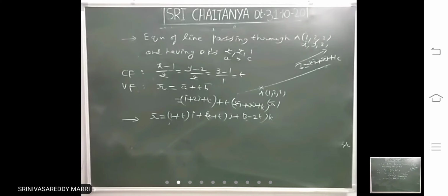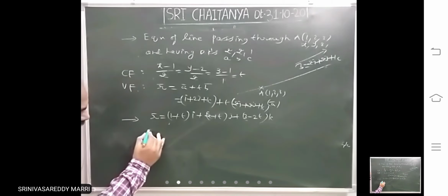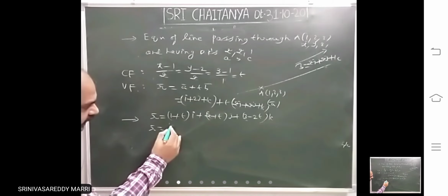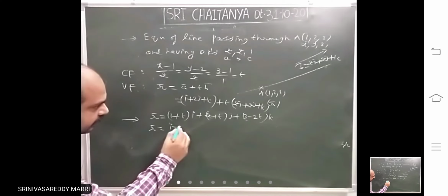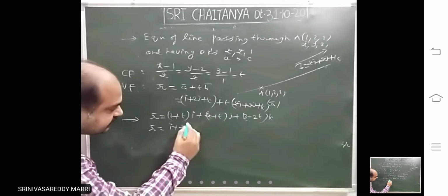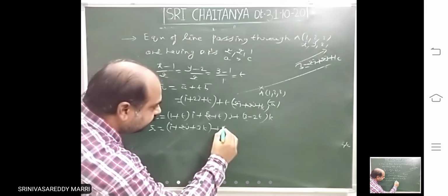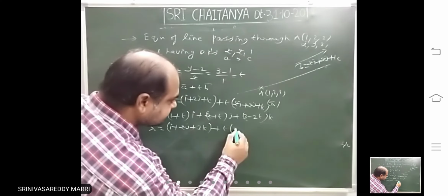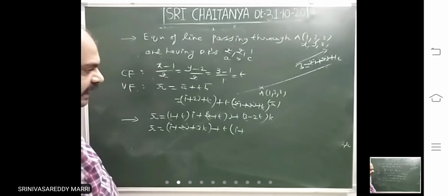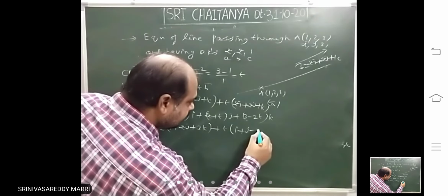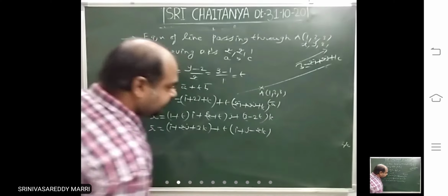Suppose a vector form is given like this. This is a line. You want to write it in Cartesian form. Convert A bar plus t B bar like this: i plus j minus 2k.